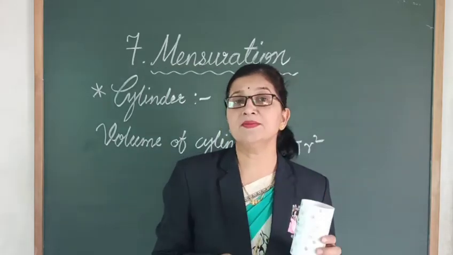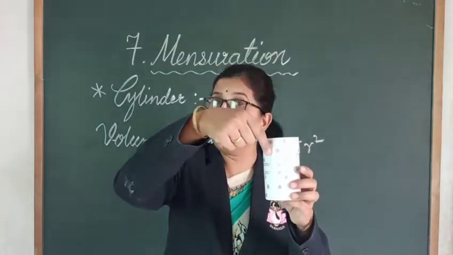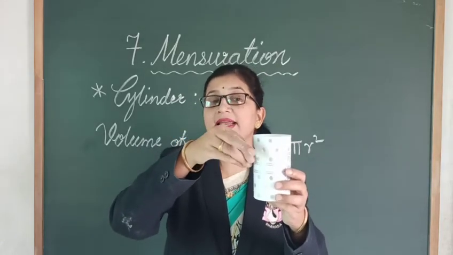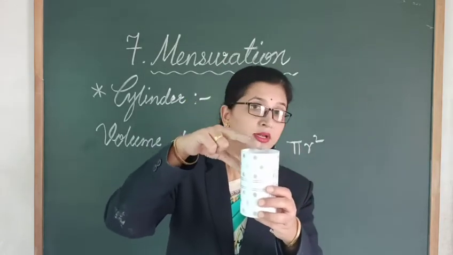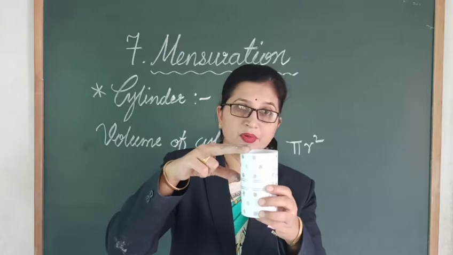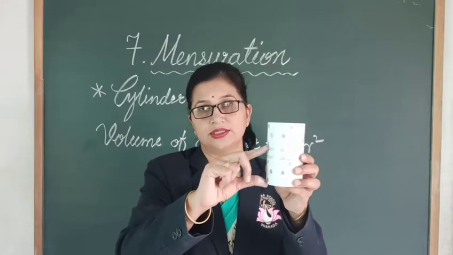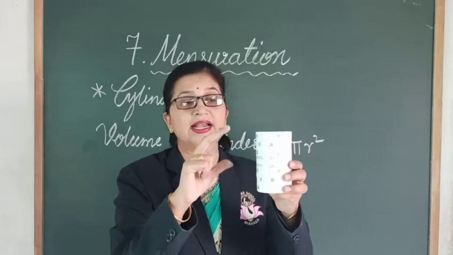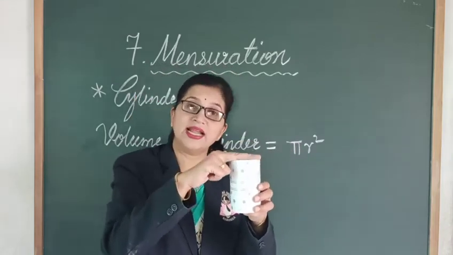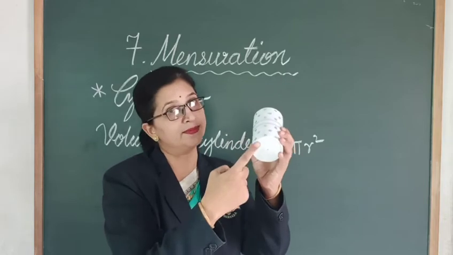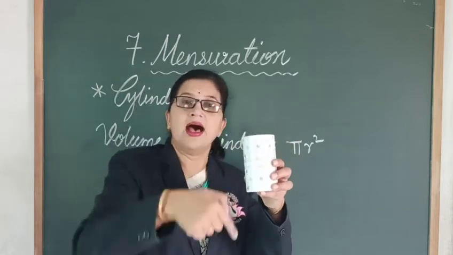At the same time it depends upon the height also. If height is more, it will hold more water. If height is less, it will hold less water. So the volume of the cylinder depends upon its base area and its height.